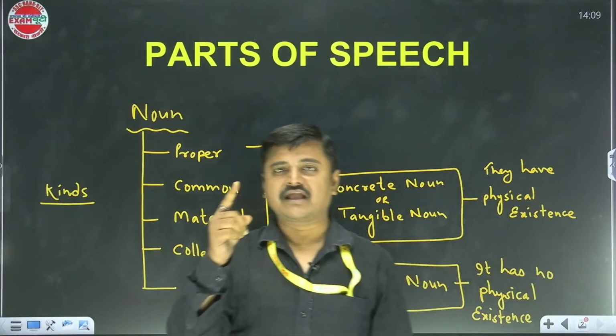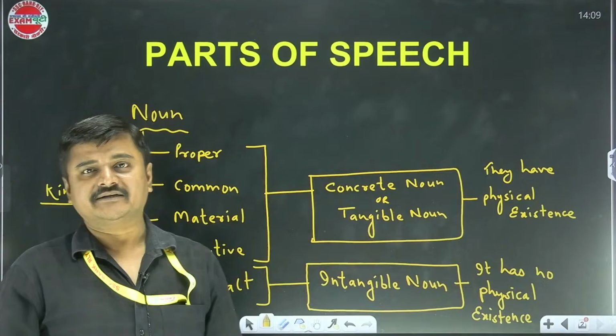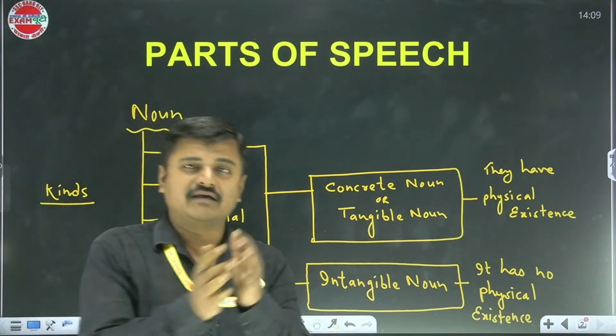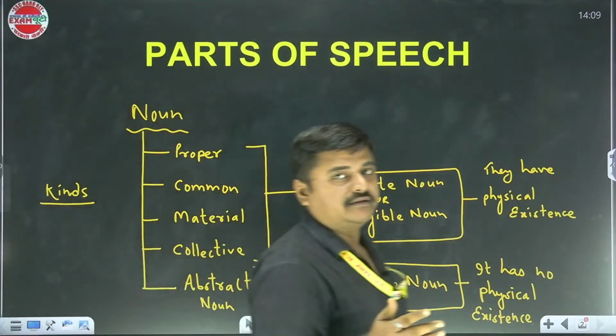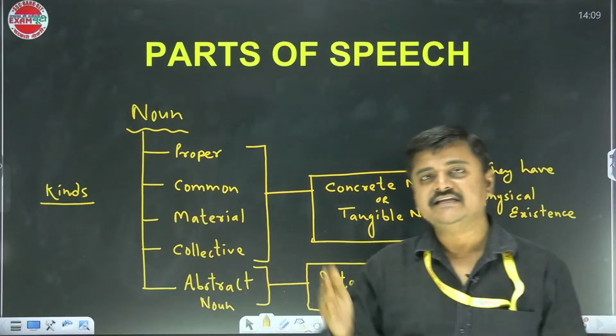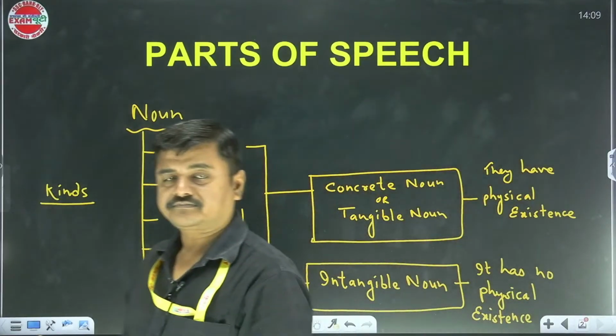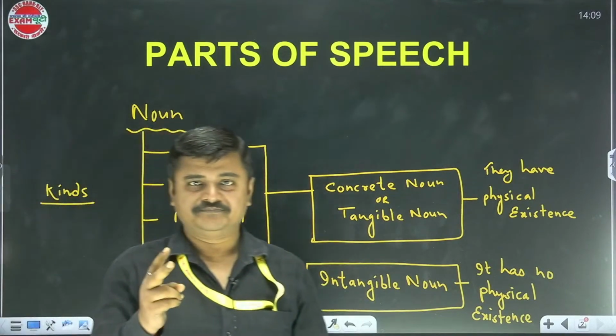The first category, in which we find things that have physical existence, and the second one, all the things that don't physically exist. So there are two categories.